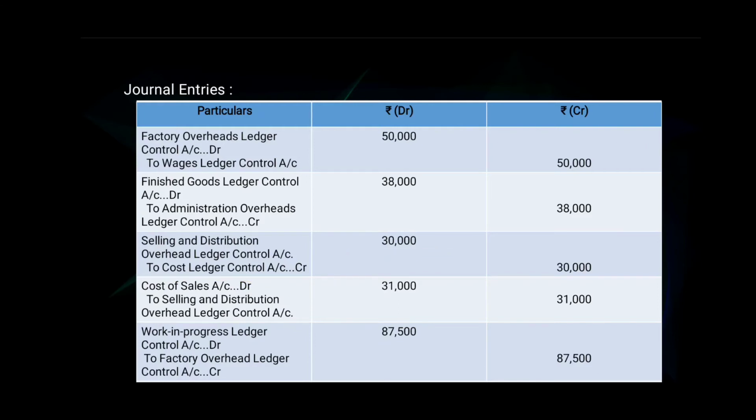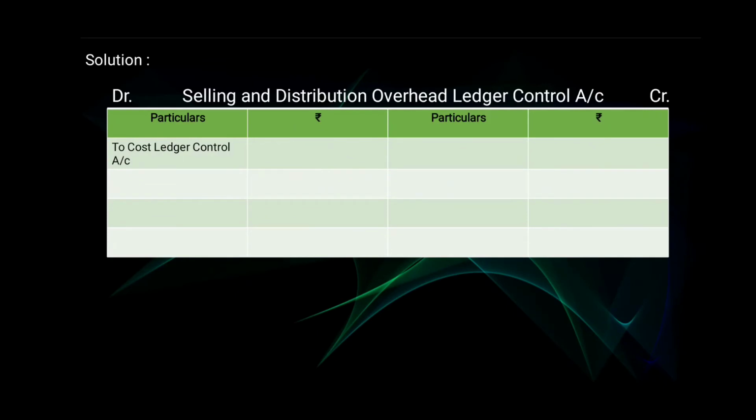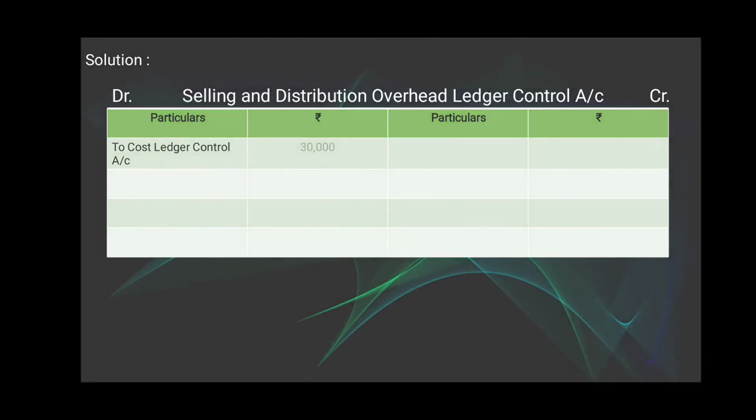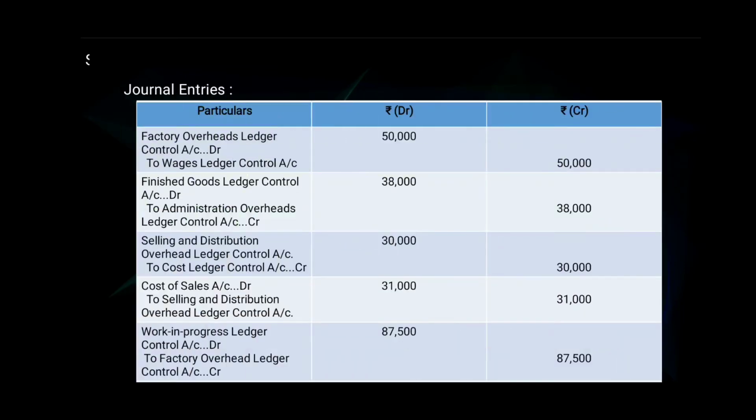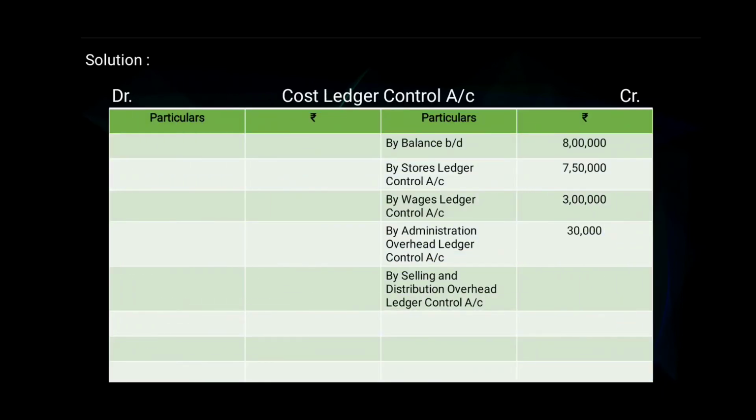So the first effect will give in selling and distribution overhead ledger control account as, to cost ledger control account, amount will be 30,000. Next effect will give in cost ledger control account as, by selling and distribution overhead ledger control account, amount will be 30,000.